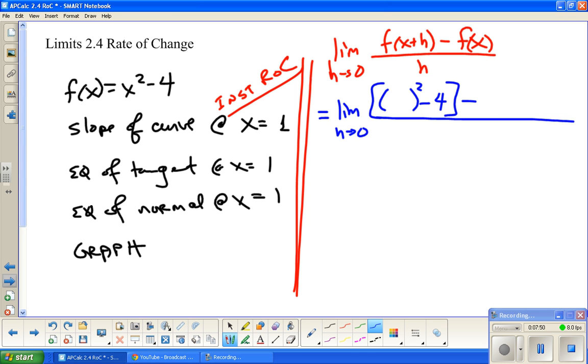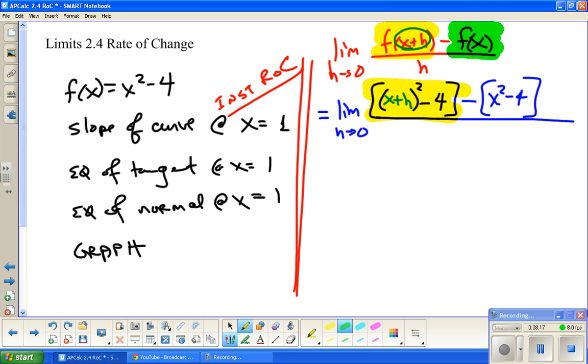For this next part, x squared minus 4, I don't really have to substitute anything for x. I'm supposed to be doing f of x plus h, so this is x plus h. Just so we're clear, this is this part in the formula, and I still need a little h on the bottom.